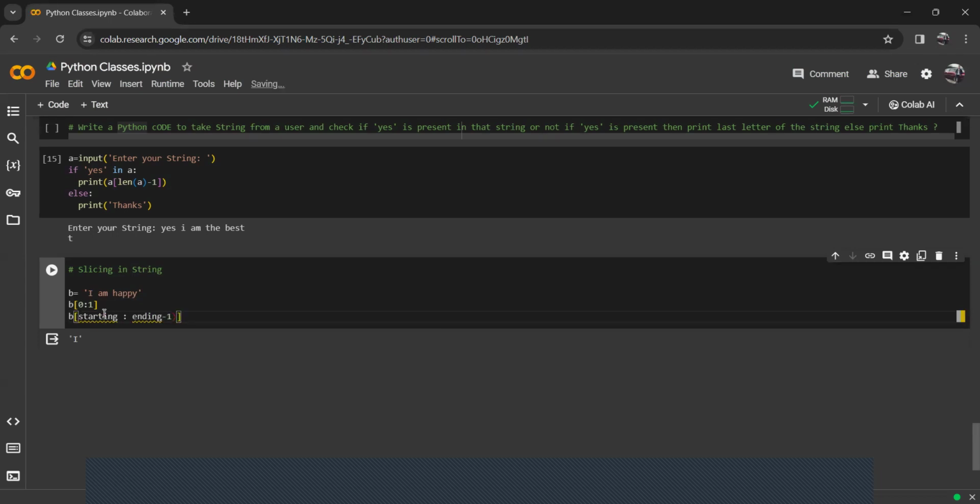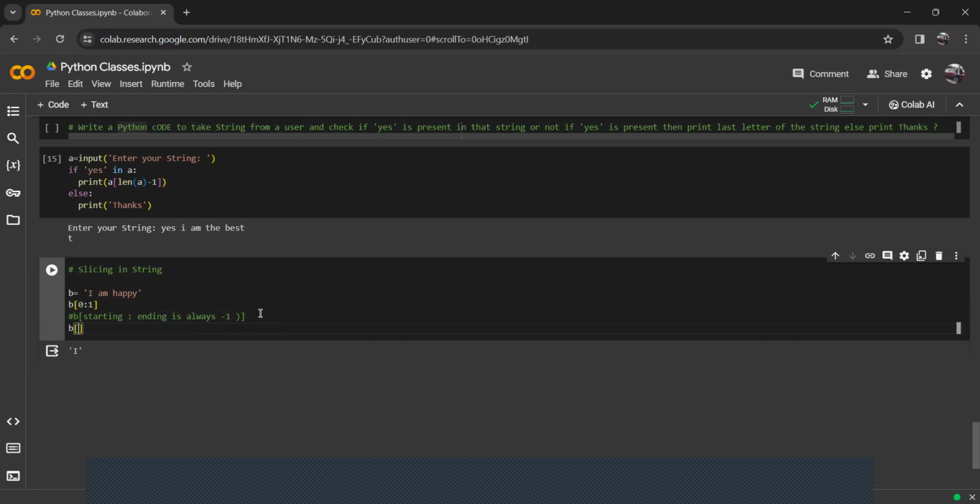If you are writing 2 here, then it will be 2 minus 1, which is 1. At any point of time, the ending is always minus 1. Now let's do it again, with a different question. b[3:5], what will be the output?